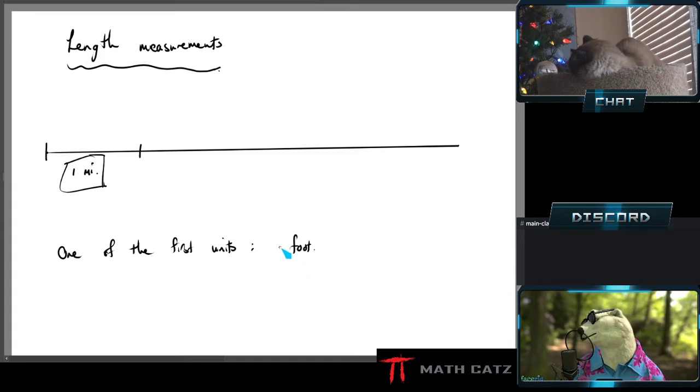But of course, soon they would realize that maybe with the next generation, the next king has a different size foot. And now what I used to say a generation ago doesn't carry the exact same meaning anymore. So they soon had to standardize the meaning of this 1 foot unit. But regardless, this was one of the first, I suppose.